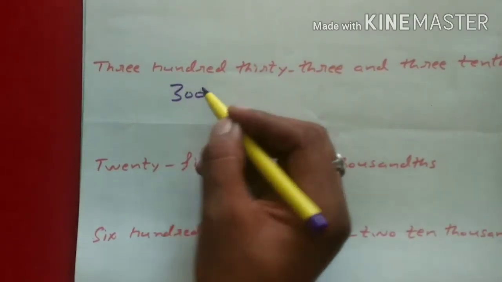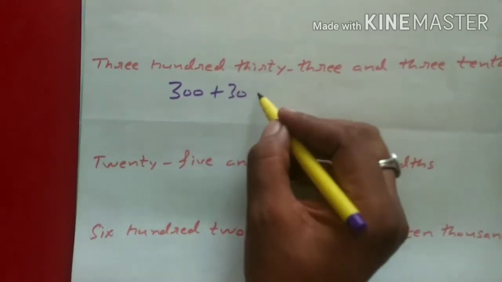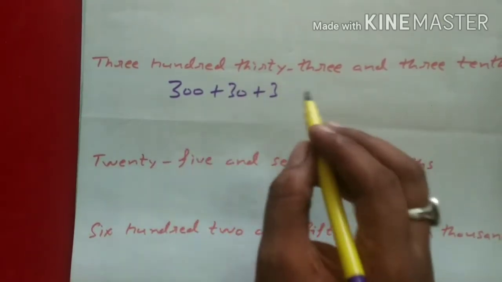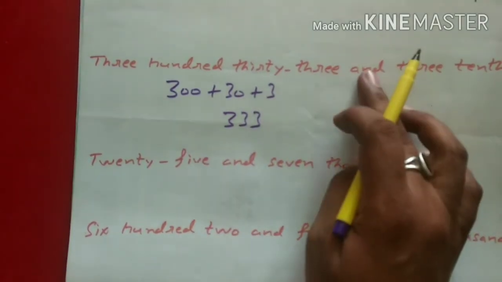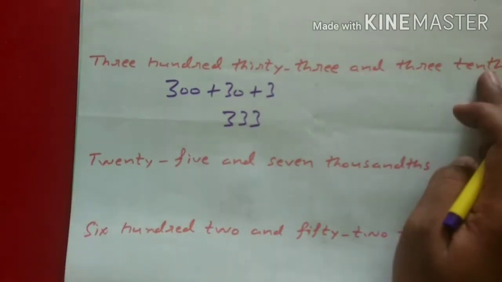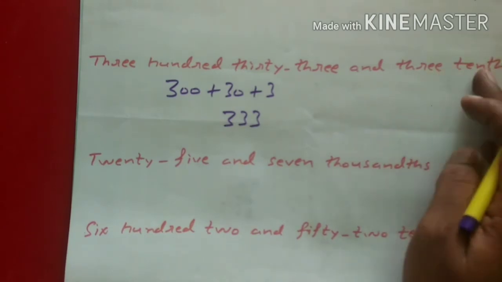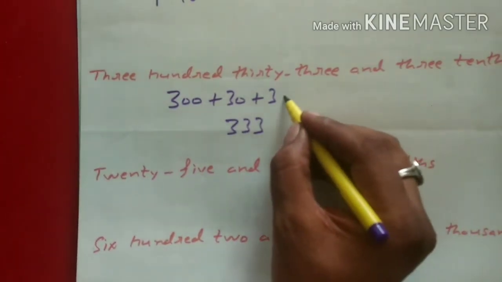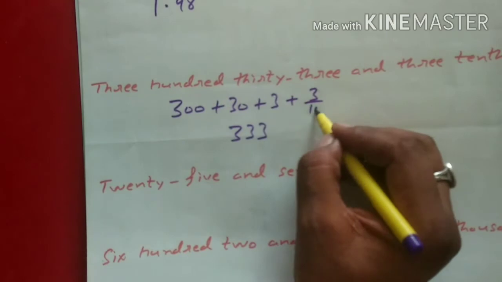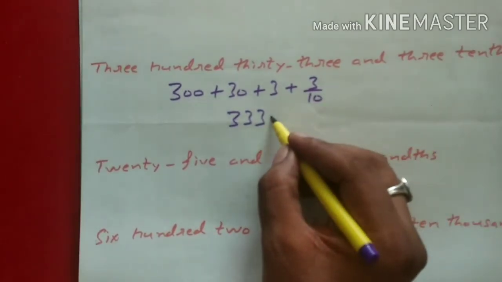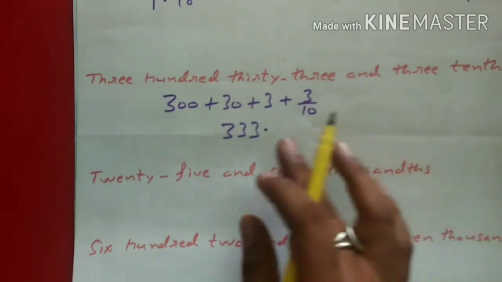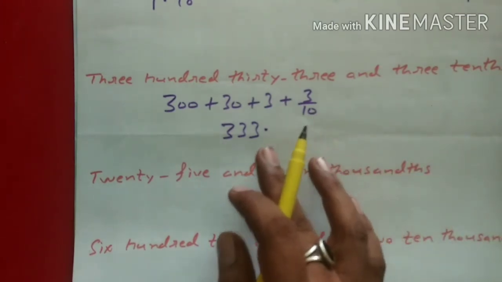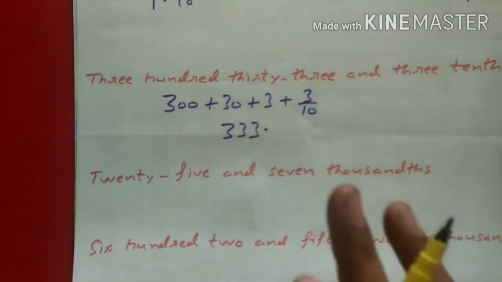Now 300, after that 30 and 3. This is 333. So you can write this as 333, and after that 3/10. It is saying 3/10. It means after the decimal we have to write 3 in such a way that there will be only 1 digit.